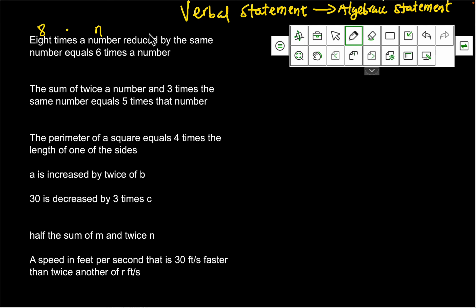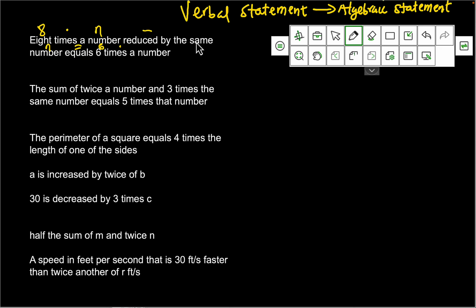Reduce by, reduce is synonymous to decrease by. Okay, so that would be subtraction by the same number. What is the number? n, right? We represented that by n. Equals 6 times a number. Okay, this is a number. We didn't know the number.